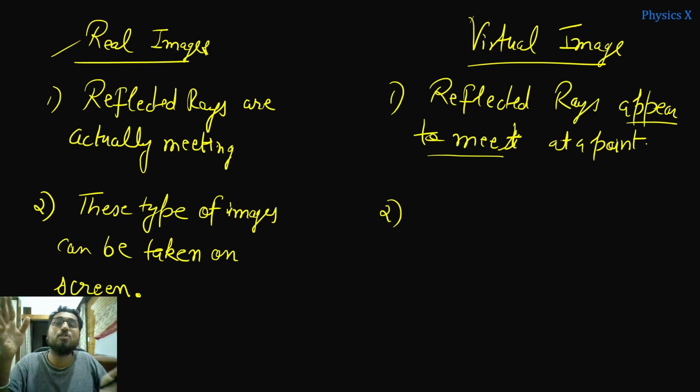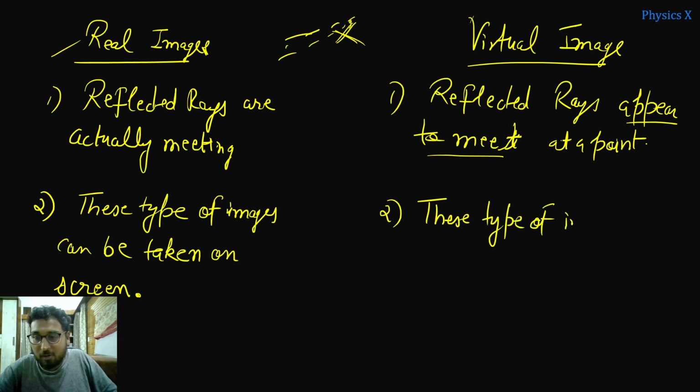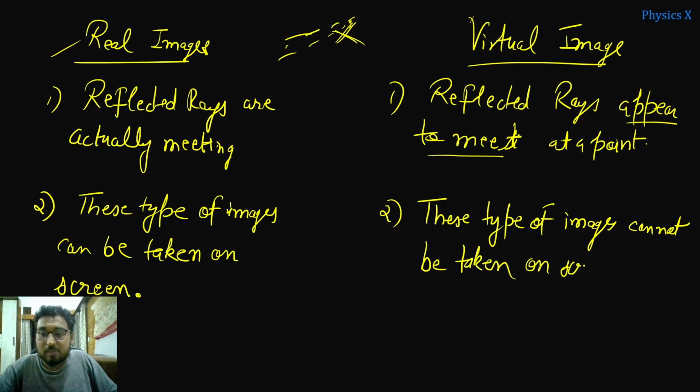If you put a screen at the point where that virtual image was forming, you will not see any image on the screen, because in actual sense the rays are not meeting. It is only appearing to our eye that they are meeting. So these types of images cannot be taken on a screen. These are the major differences between real and virtual images.